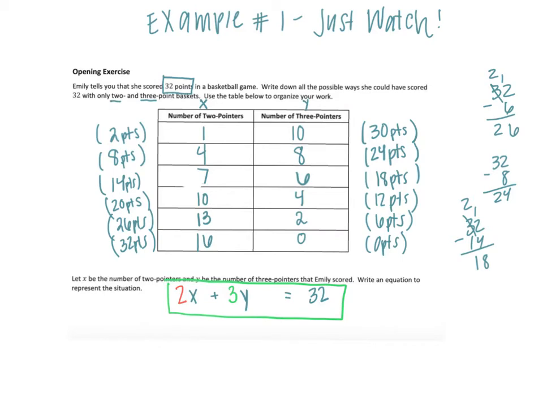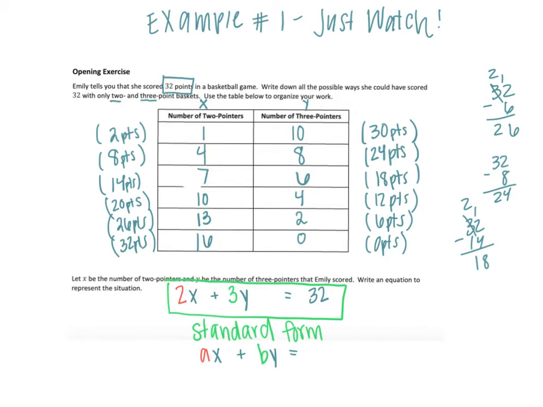This is called standard form. The standard form follows this format: a times x, plus b times y, equals c.